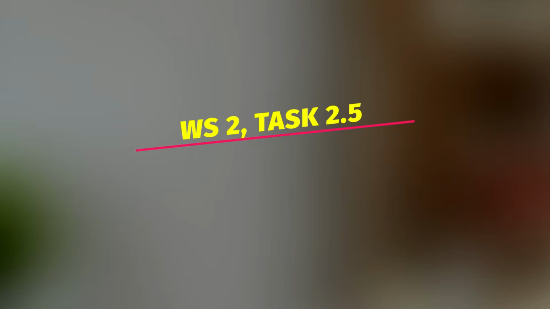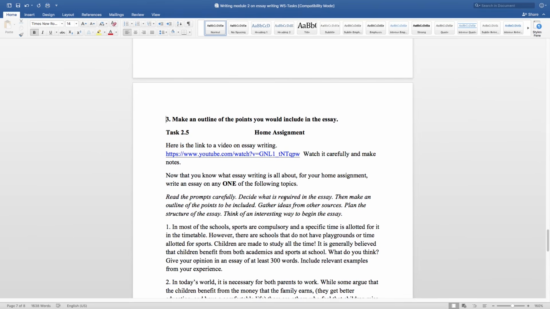Include examples from your knowledge and experience. It's a simple essay topic, and therefore, I don't think you'll have any difficulty. But after writing the introductory paragraph, you just make some points for the body and the conclusion, which you can develop later.